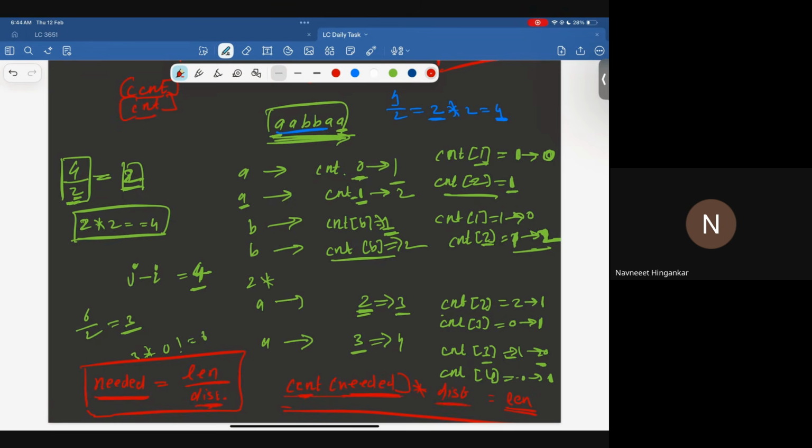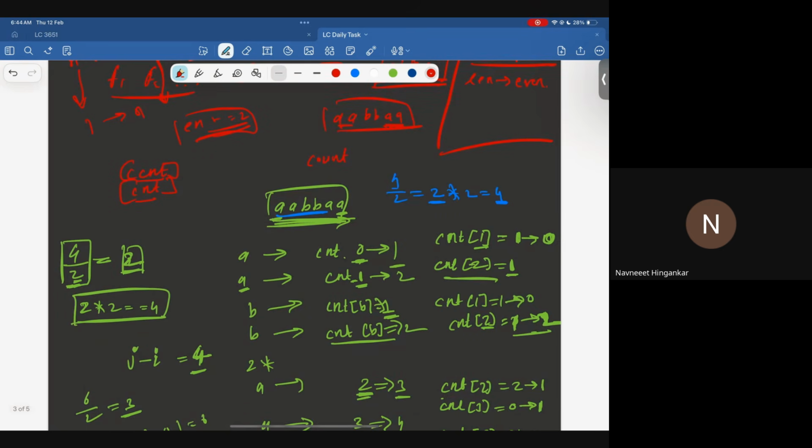If the count into number of distinct is equal to length, then that's good. Obviously this count and the other are both hash maps, so the complexity is O of 1. Hence we implement it in O of n square. Got that? Yes.